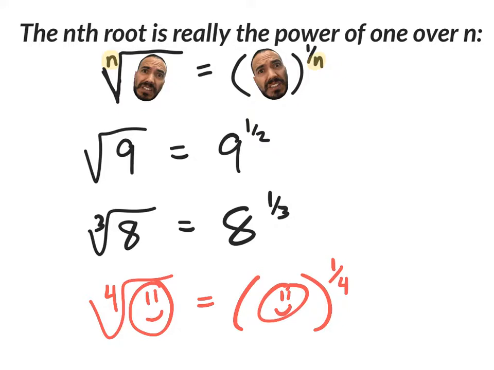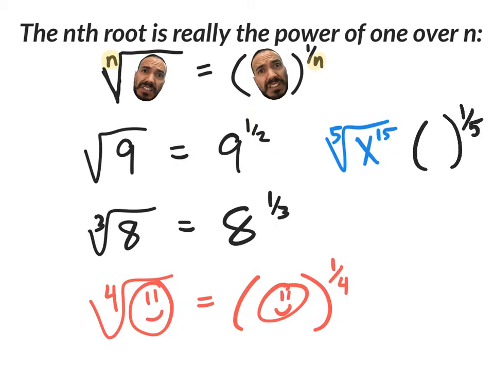How about this guy? If I had the 5th root of x to the 15th, would that be an easy problem to do or a difficult problem to do? See, if you know that the 5th root can be rewritten as the power of 1/5, now, if you know that, you'll be able to do this.